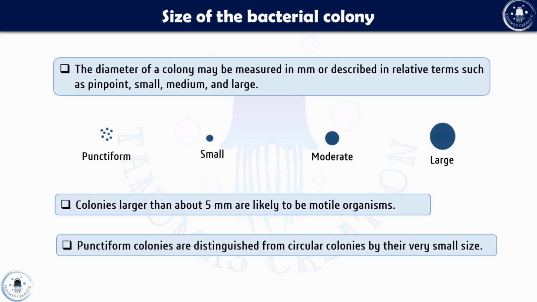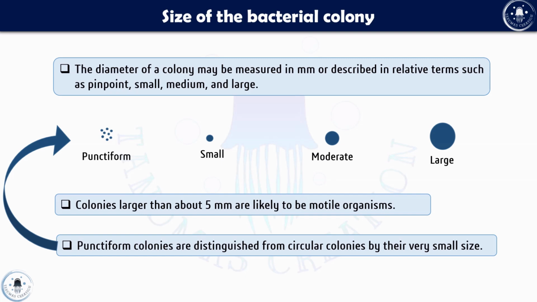Punctiform colonies can be distinguished from circular colonies by their very small size. There is a difference between a small-sized colony and a punctiform colony. The punctiform colonies are very small compared to the small-sized colony. Punctiform colonies are the dotted or pinpoint colonies that grow on the agar plate.